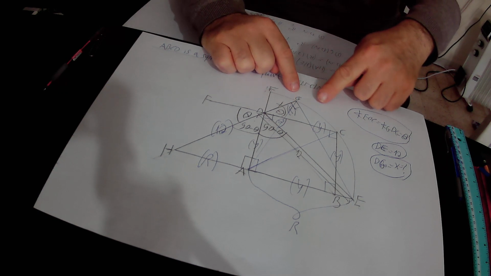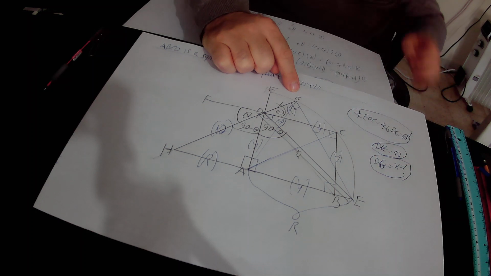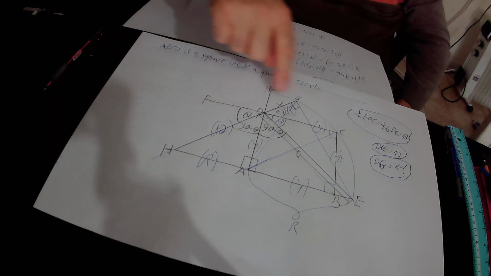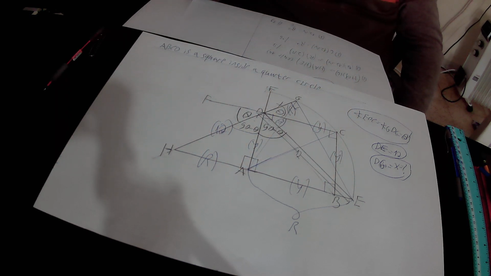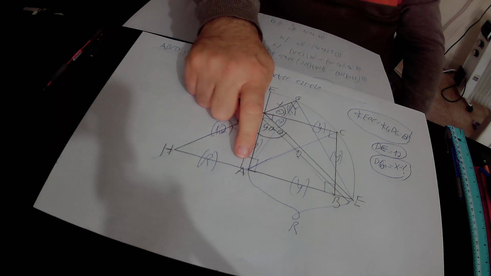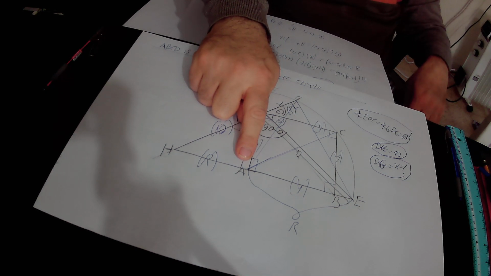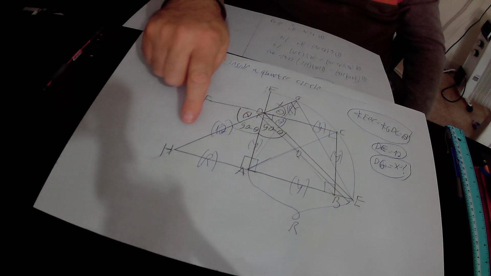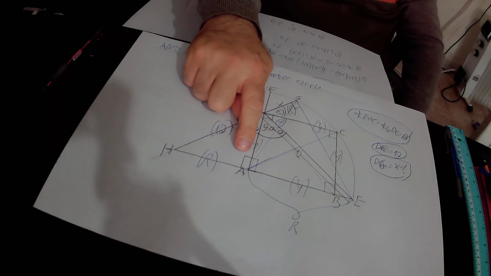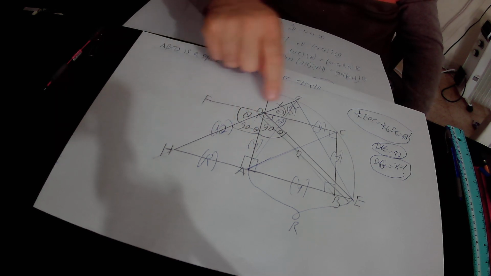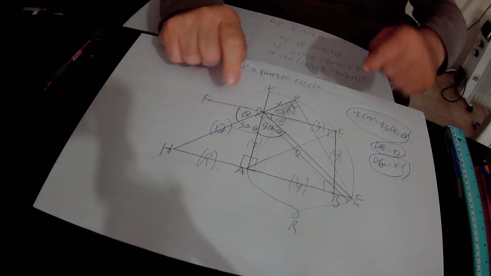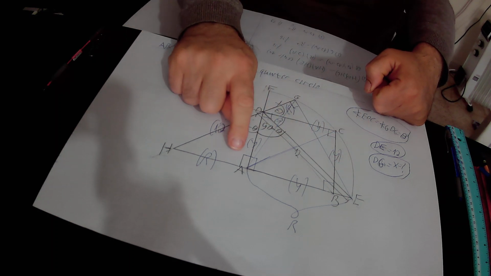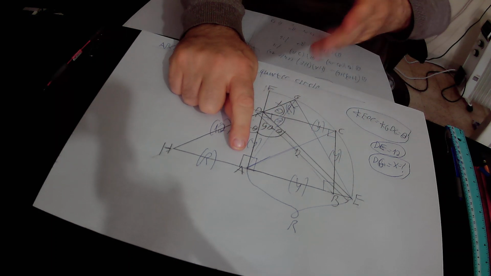Then we join point G and D together by a straight line. In this way, we created triangle GEH. And in this triangle GEH, point A is the circumcenter of triangle GEH. Why is point A the circumcenter of triangle GEH? Because the distances of the three vertices G, H, and E from point A are equal.